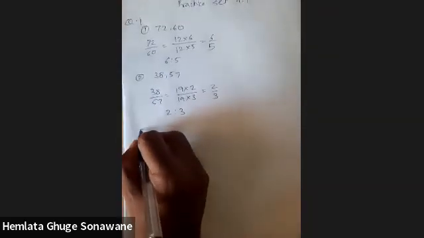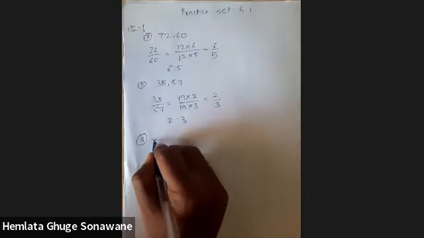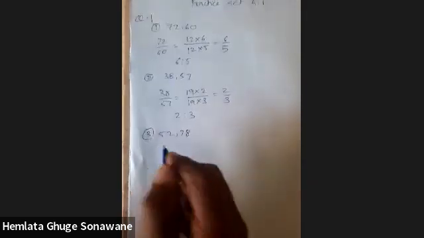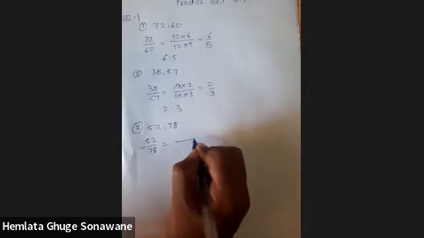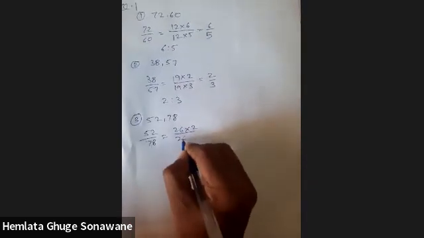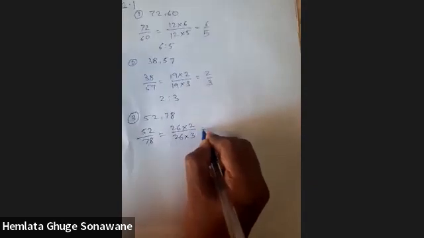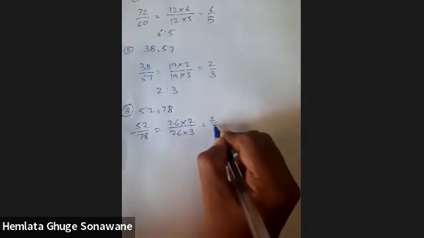Third example, that is the third pair of numbers, are 52 and 78. That is 52 upon 78. 26 twos are 52 and 26 threes are 78. Okay, so it becomes 2 upon 3.